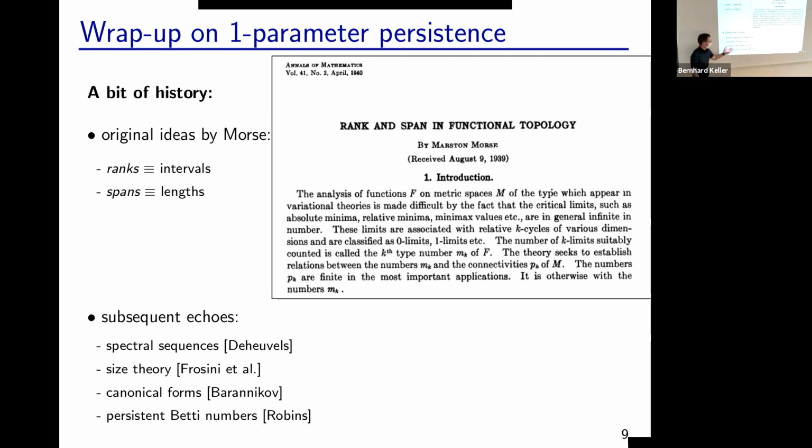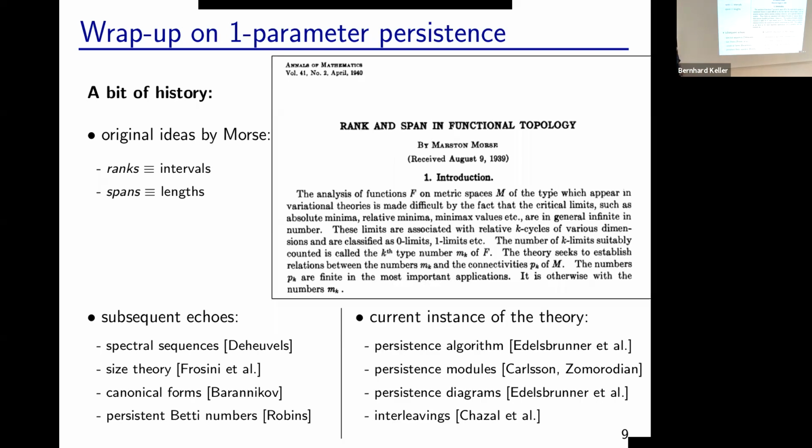Then there are the canonical forms, another name for persistence diagrams, which were introduced by Sergei Barannikov in the 1990s as well. And then at the end of the 1990s, Vanessa Robins introduced the persistent Betti numbers, which are again another way to define the persistence.